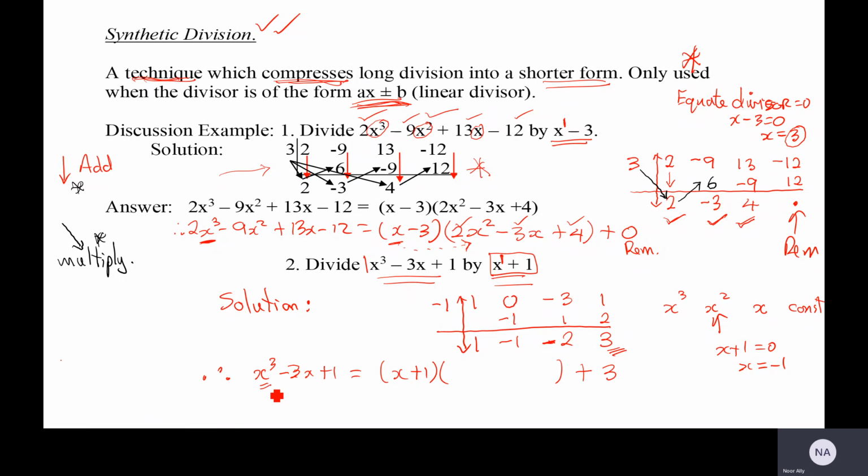And when the highest power x cubed is divided by x, that means this quotient must have an x squared, an x to the power 1, and a constant term. And these three values are the coefficients of the three terms in that particular order. There is your answer using synthetic division.